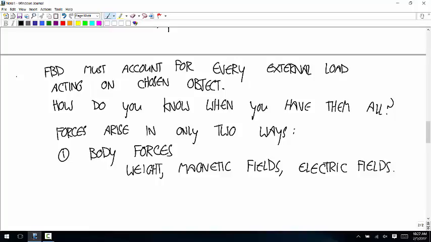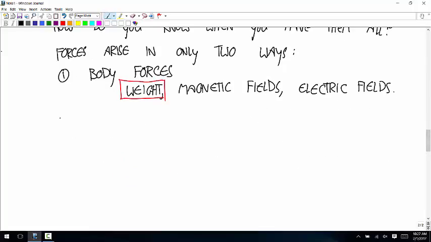And once you've dealt with that, which is almost always just going to be the weight, the only other way forces arise is contact between the object's boundary and the outside world.